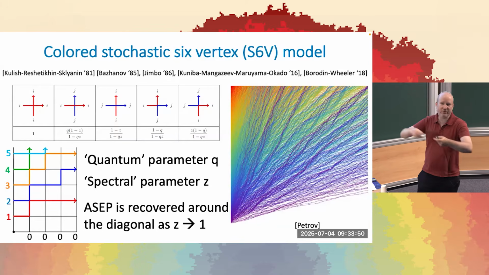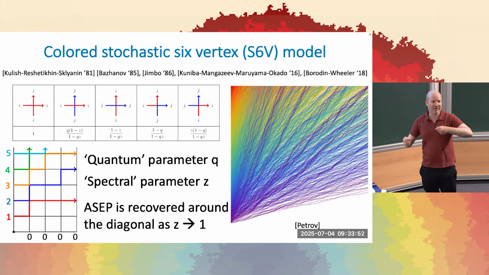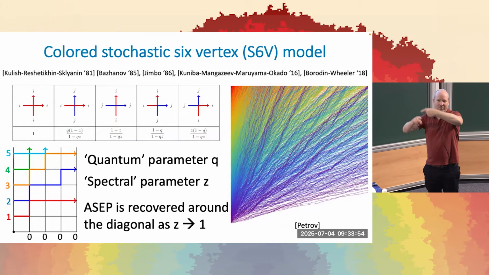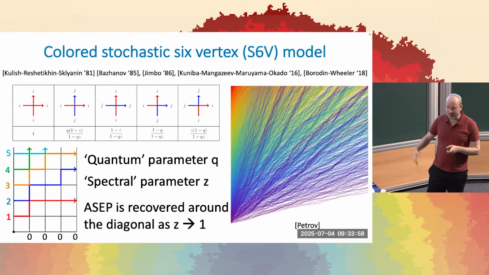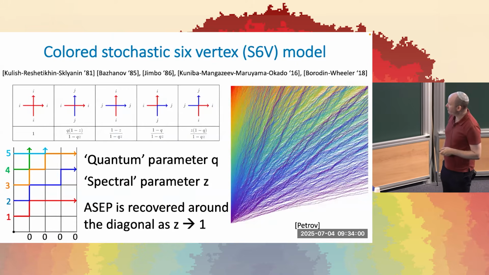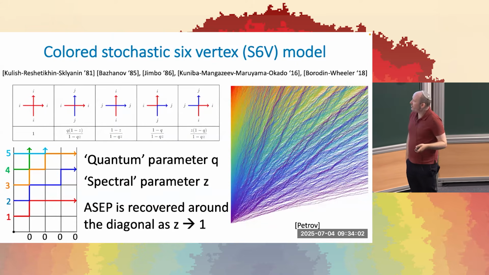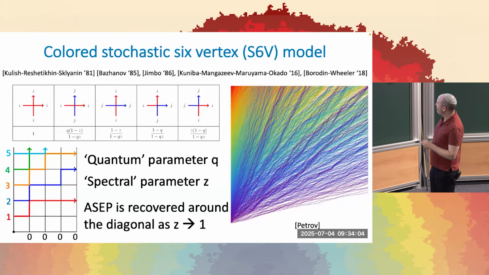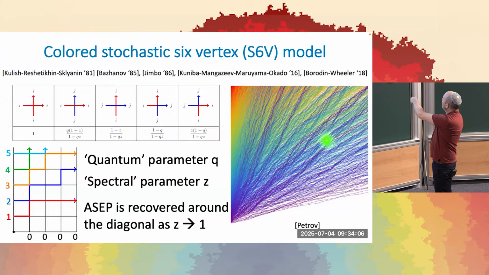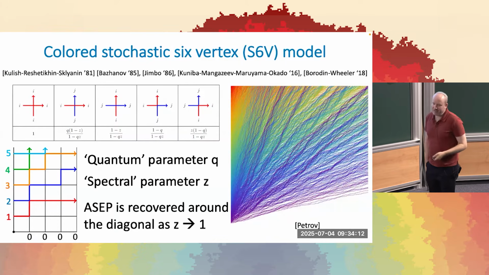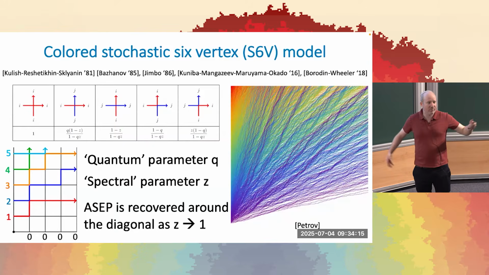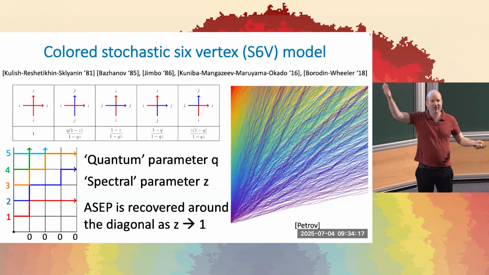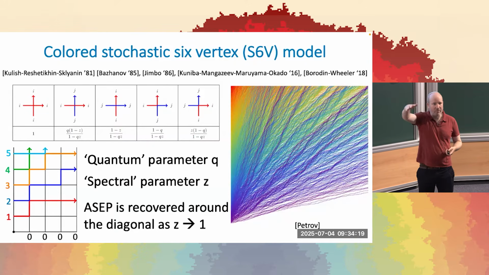Okay, and this is just because the only interaction that matters is the relative order of colors. So as long as you preserve under these projections relative orders, you're perfectly good. So in particular, if I'm interested, let's say, in knowing the joint distribution of the height function for everything of color bigger than or equal to 1 and everything of color bigger than or equal to 10, I can just project everything between 1 and 10 and call that some number in between.